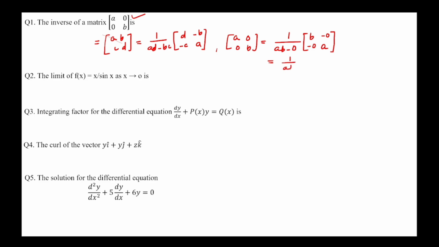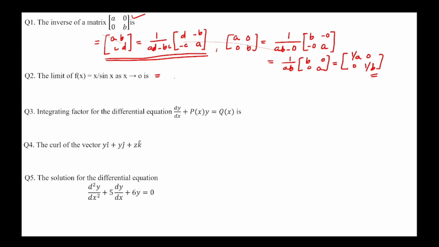So this becomes 1 upon A 0 0 1 upon B. Okay, so this is the answer. This is the formula for finding the inverse of any kind of 2 cross 2 matrix.